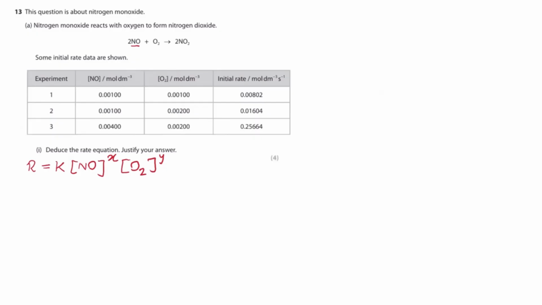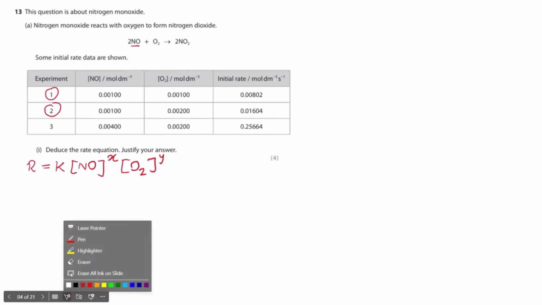For that, we have to look at this data table. Can you see in experiment 1 and experiment 2, the concentration of nitrogen monoxide remains unchanged? Even though the concentration of nitrogen monoxide remained unchanged, look at the concentration of oxygen.